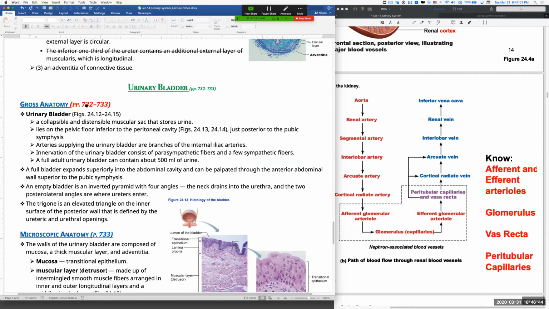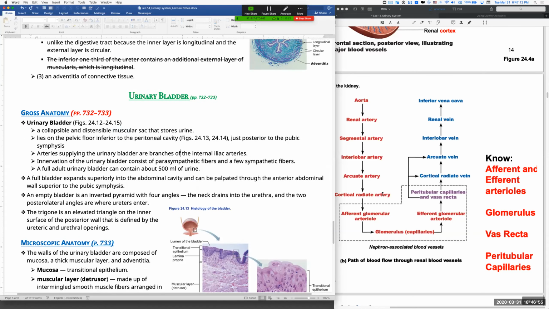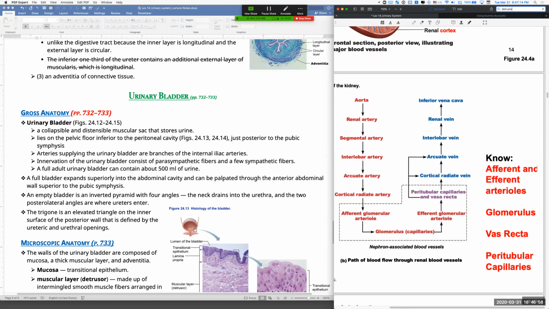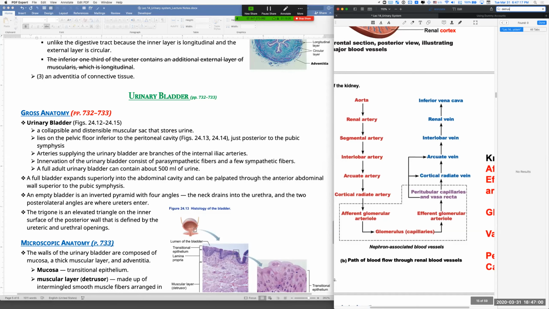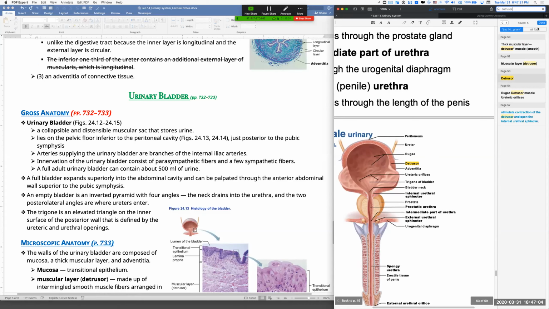Now the urinary bladder is a very muscular structure. It has a thick layer of smooth muscle, and that muscle is called the detrusor muscle.